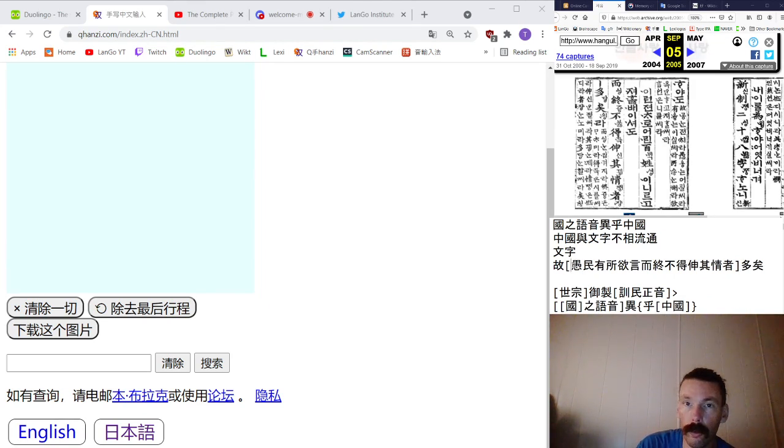Starting with 渔民, foolish people, this is all a noun phrase. It means those of the foolish people who have something they want to say but cannot get it across. The comment is 多矣, they are many. Therefore, there are many people who have a meaning they wish to express but cannot get it through.